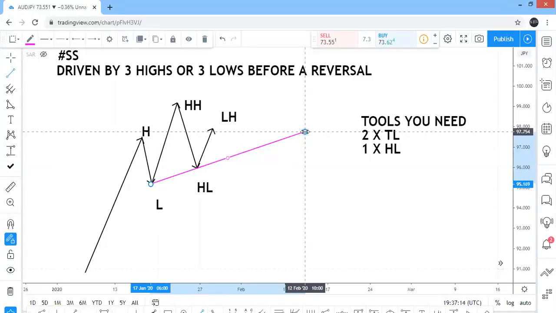Price and time needs to clash. It means that this trend line is posing as a counter trend line, not a trend line where time and price are going in the same direction. I hope we understand this point. I don't want to see anyone drawing this where price and time are going in the same direction.